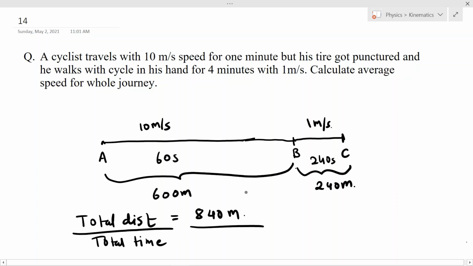It is 60 plus 240, that is 300 seconds. So let's cancel these zeros, and if I divide numerator and denominator by 2, then it will be 42 and this will be 15. Again divide it by 3, then it will be 14 and this will be 5. So this becomes 14 by 5 meter per second. So this is the average speed.